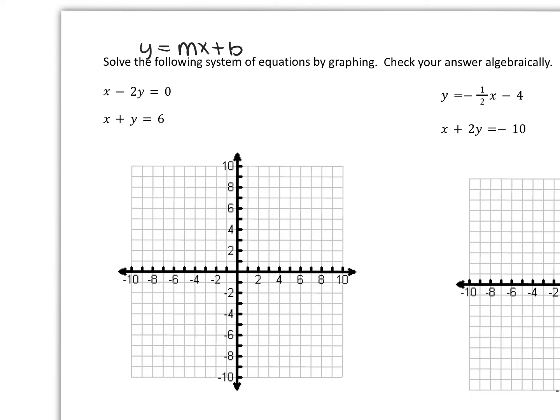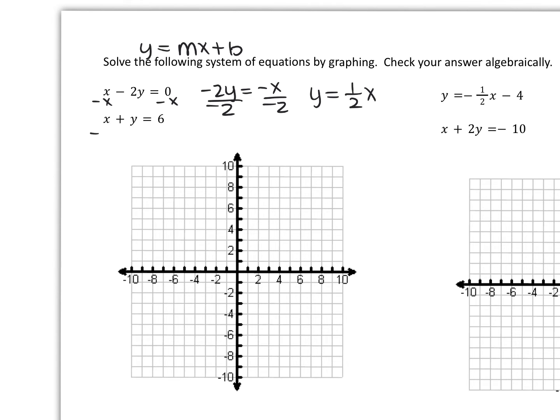So sometimes we may have to reorder the equations. So I know I have to subtract x from both sides. So I get negative 2y equals negative x.